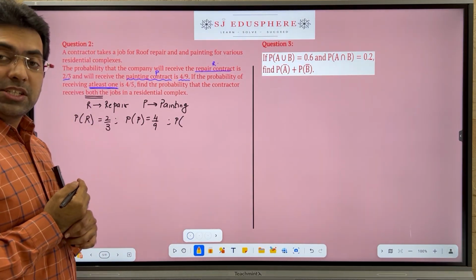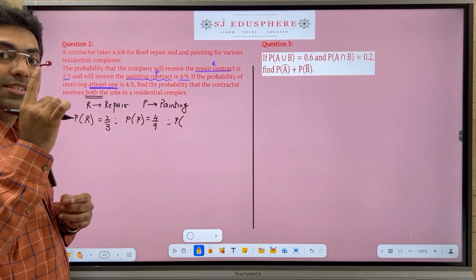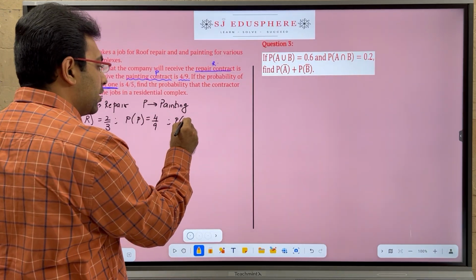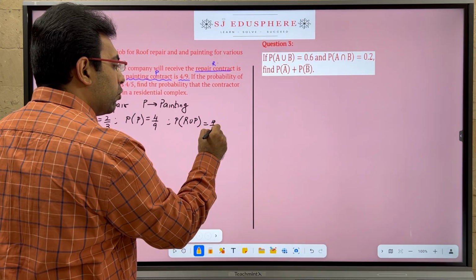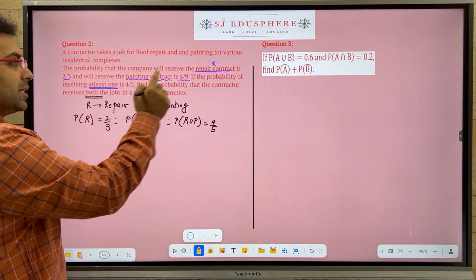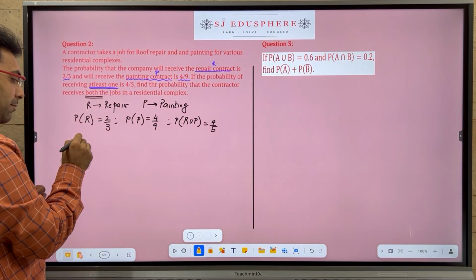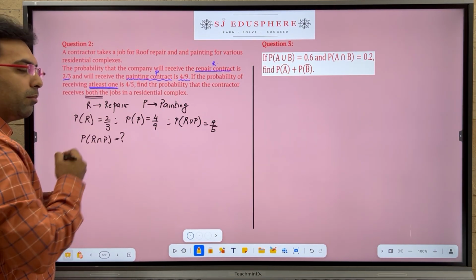Probability of at least one, either repair or painting or both, that's a union formula. That over here will be R union P is 4 by 5. If this was a confusion, my question says received both. That means R and P is how much?